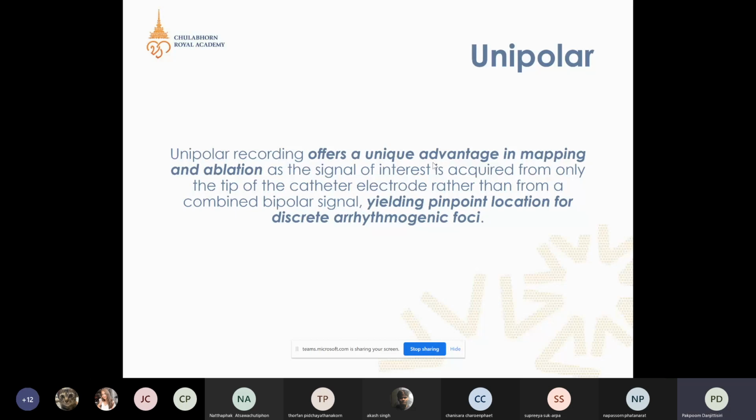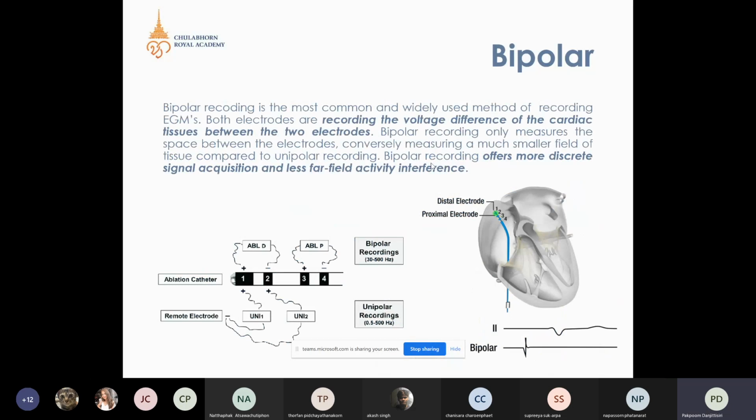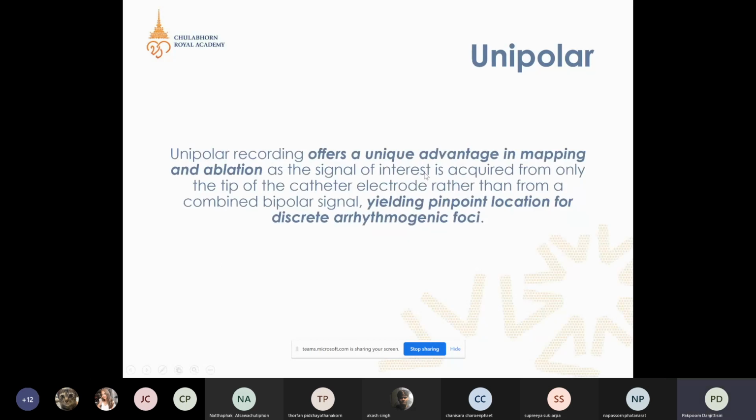So the unipolar will be beneficial for that, because the catheter can be placed on that abnormal area.